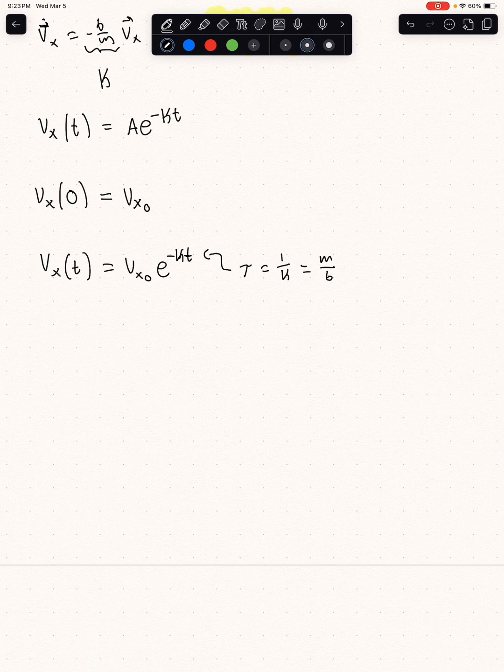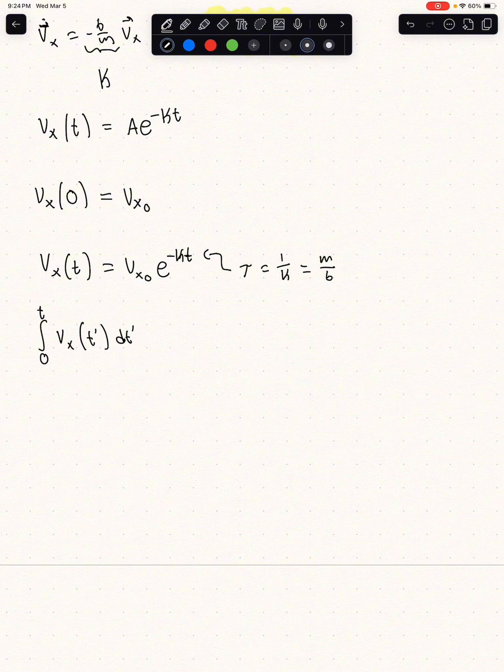Anyways, we have an equation for velocity, and what we can do is take the integral of velocity to get position, right? Velocity is the first derivative of position. So to go from velocity to position, we integrate. You want to integrate from time equals 0 to some arbitrary time t, and we're integrating our velocity term with respect to dt.